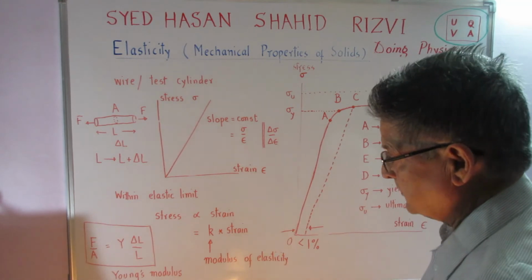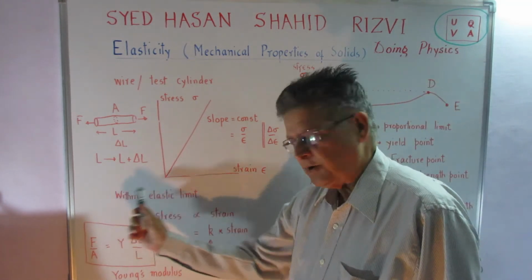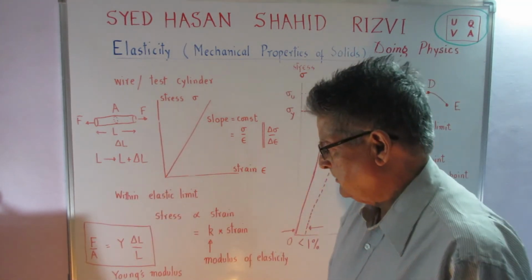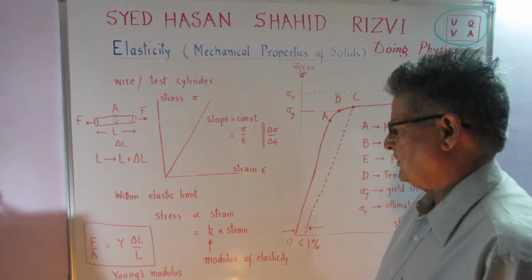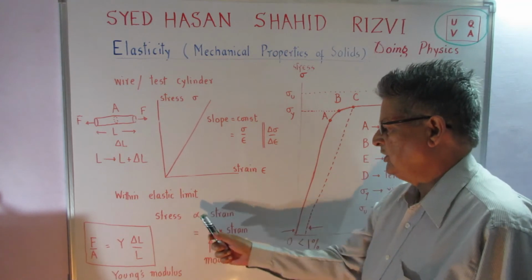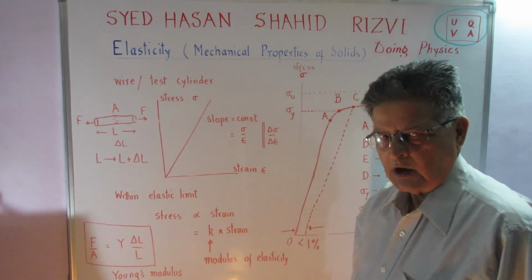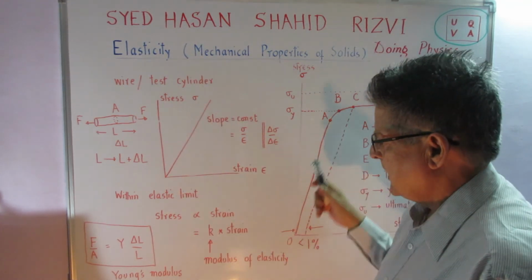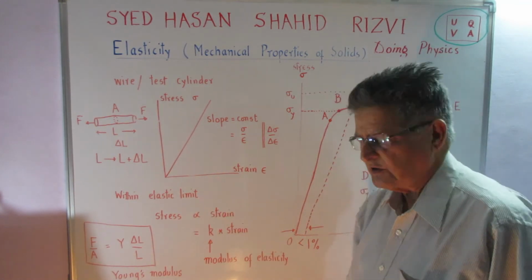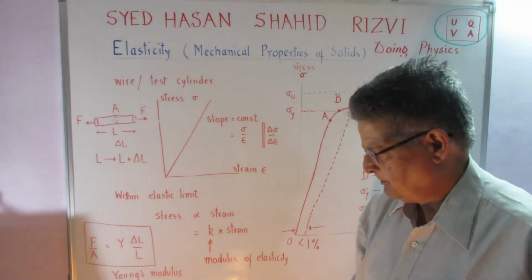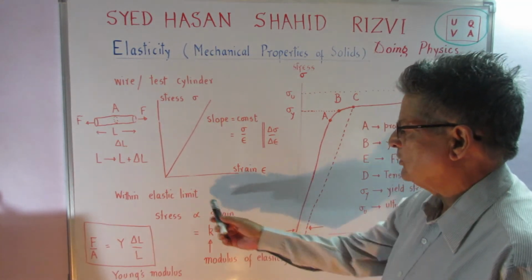Of course, within the elastic limit, we find the result is that the stress is proportional to strain. So in this system there are two variables, one is the stress and the other is strain.